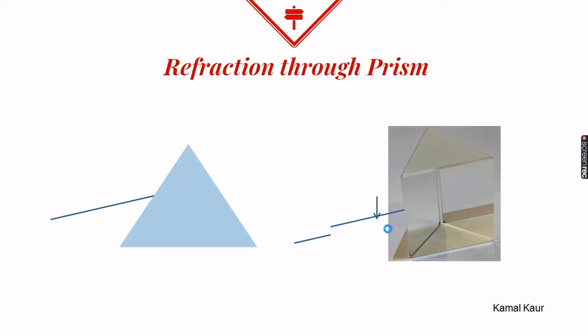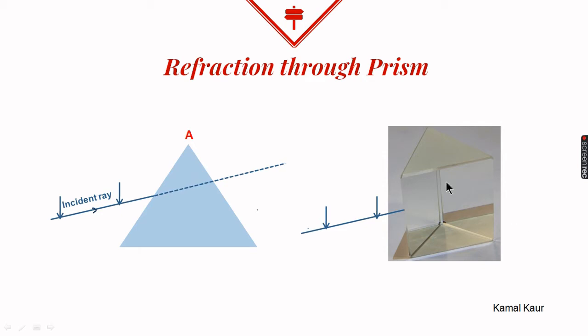After that, we will take two pins and insert them on the incident ray so that they are at a distance of at least 3 to 4 centimeters from one another. After that, a third pin will be taken and we will move to the other side of the prism and insert the third pin in such a way that this third pin and these two pins, when looked through the prism, appear to be along the same straight line.